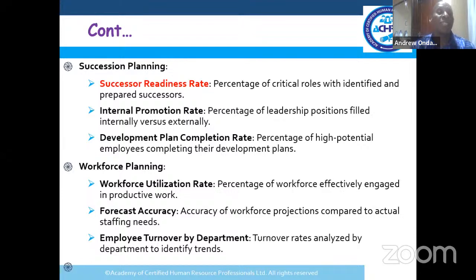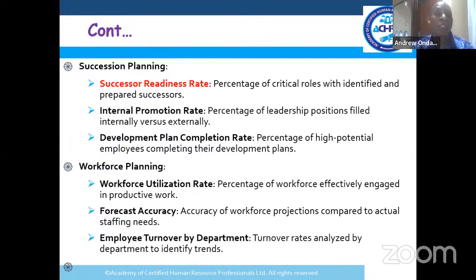The other strategic aspect is succession planning, where we are preparing lower level employees for senior positions. When you talk about succession readiness rate, we are looking at the number of employees who are ready now to take over positions of responsibility in the future. There are several ways in which we can prepare employees for them to be ready.